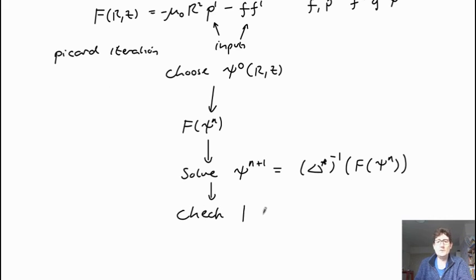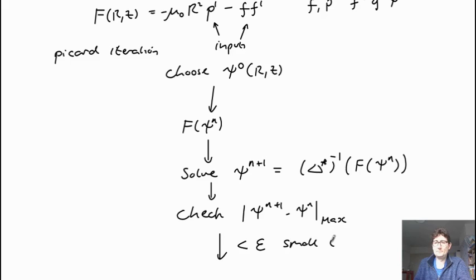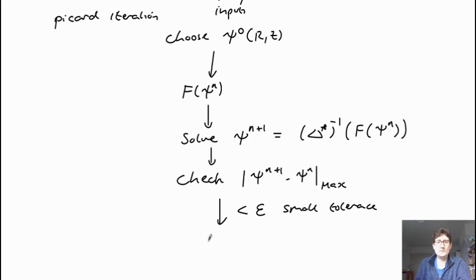and typically the way we do that is by checking the maximum change. So we'll check psi n plus 1 minus psi n, and look at the maximum. What's the maximum difference between these two? If it's smaller than some small tolerance, then we say we're finished.